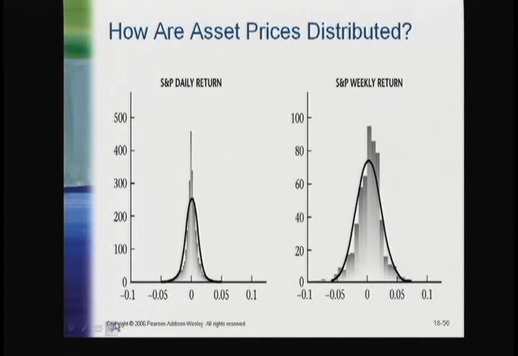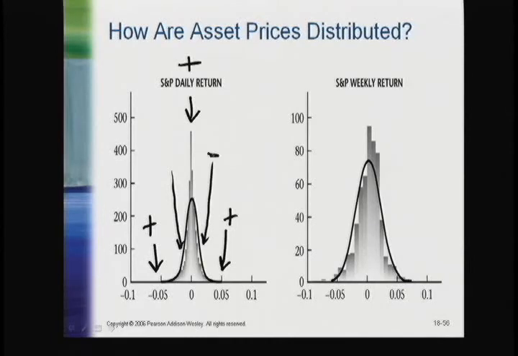One is that the probabilities of events close to the mean are too high, and the probability of extreme events in the real world is also too high. And then you see that the probability of intermediate returns tends to be too low. This is a common profile of real-world financial data versus a normal distribution.